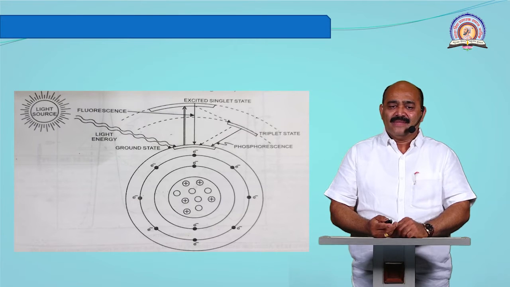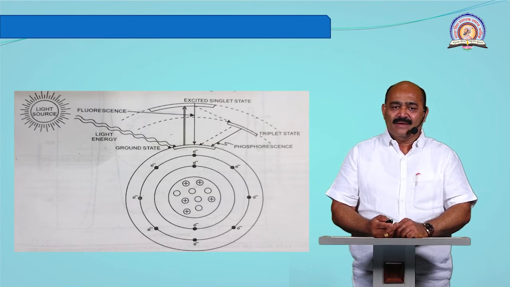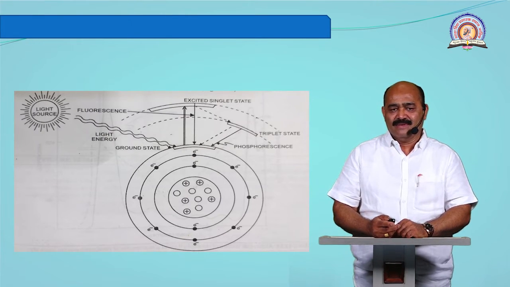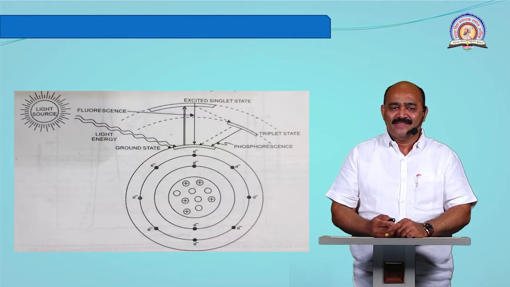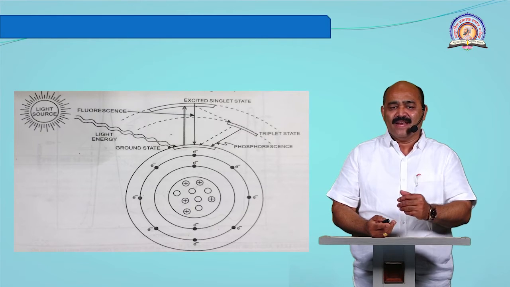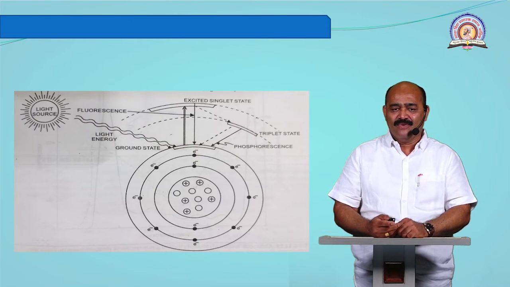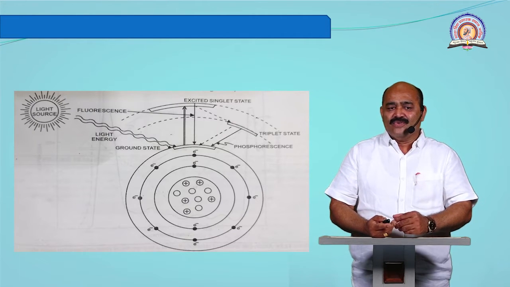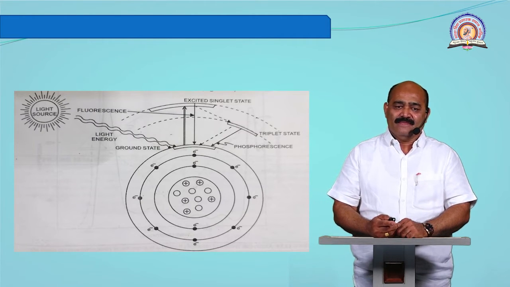Now, it is quite unstable. The life of this electron is very short, that means 10 raised to minus 12 second, and it releases some amount of energy, and the excited electron drops down towards the ground state, and this is known as fluorescence.